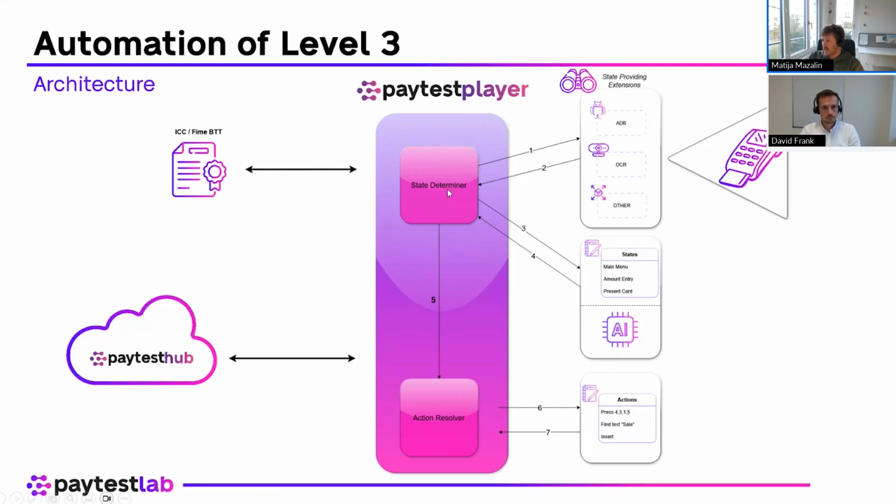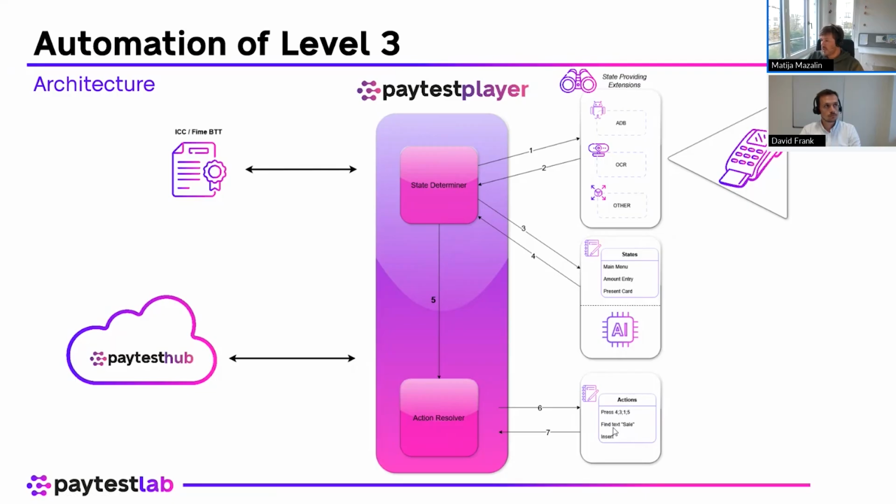Once we have the state and we are sure and happy with the state, we go on to the action. So we have another DB that says for each state, what kind of actions need to be done. So let's say if it's a PIN, we should enter PIN. If it's an idle screen, we maybe want to select the sale.